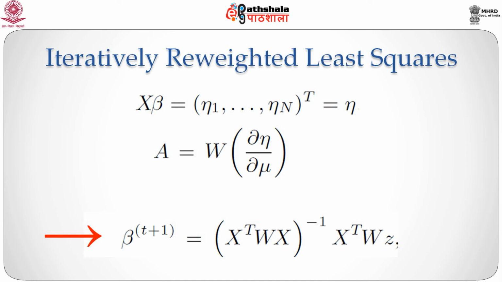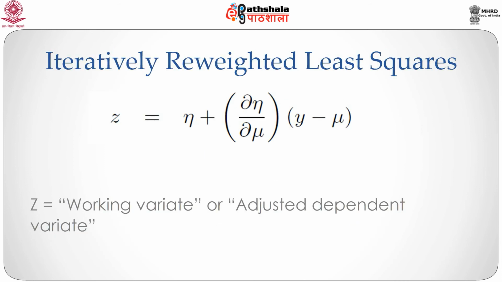This means that beta t plus 1 can be expressed more compactly as (X'WX) inverse into X'W z. Z is a variable which is called eta plus d eta d mu into (y minus mu), where of course the multiplication means that it happens component wise.